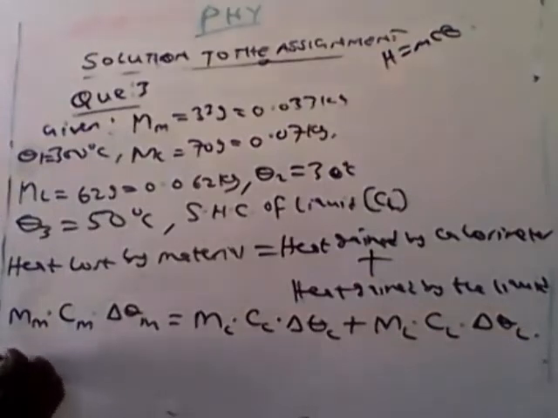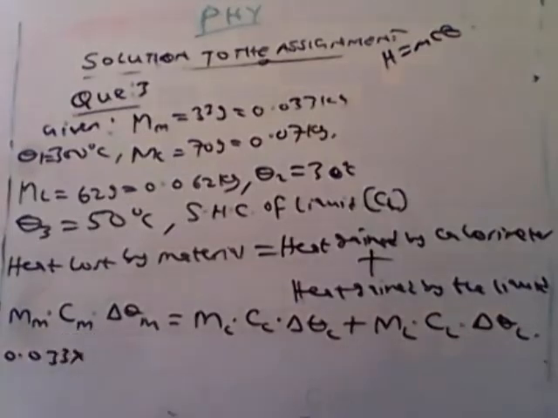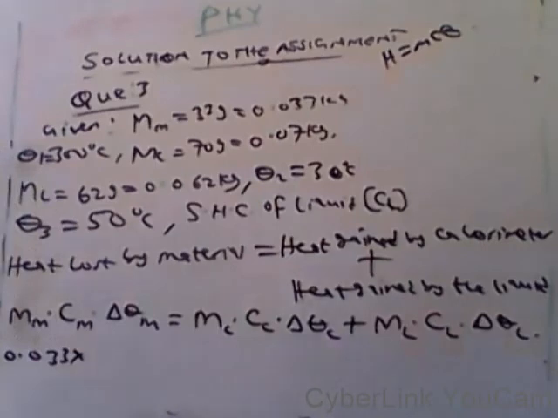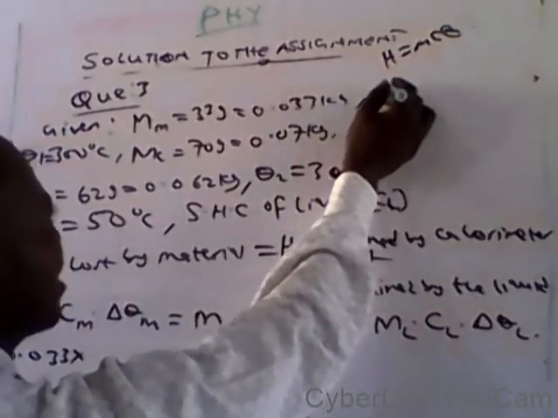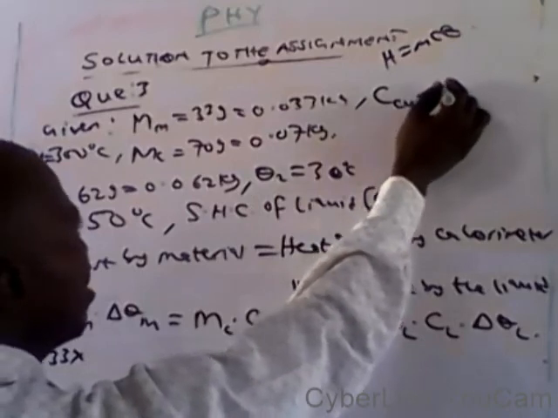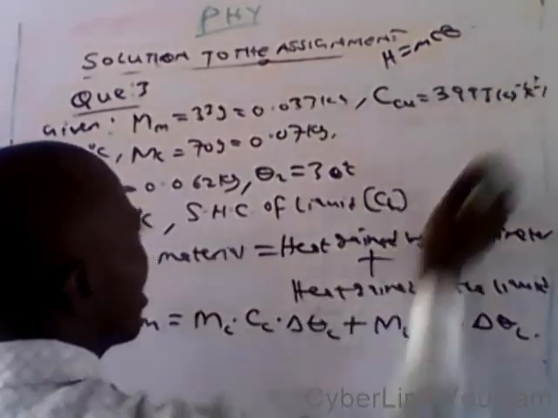Mass of the material is 0.033. Specific capacity of the material is what? Because that material is made of copper, we have been given a specific capacity of copper to be 399 joule per kg per Kelvin.